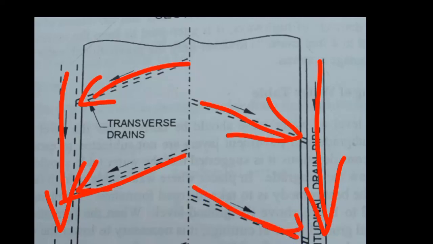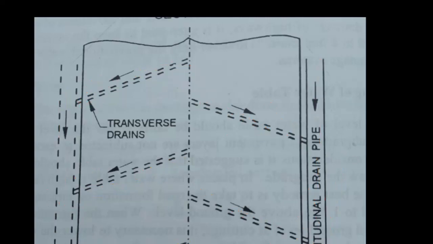And these are perforated pipes at certain depth below. So these will take out the water and supply it to the longitudinal side drains, and then that is taken to the nearest valley point. From that it is taken out of the highway structure.